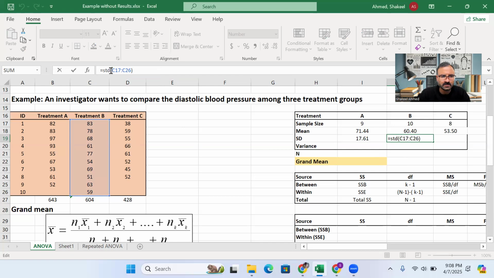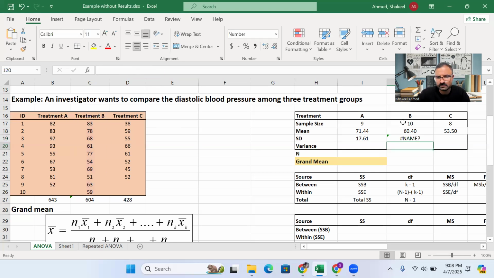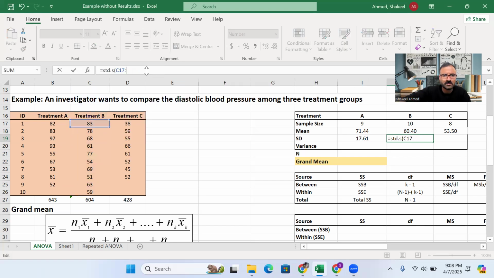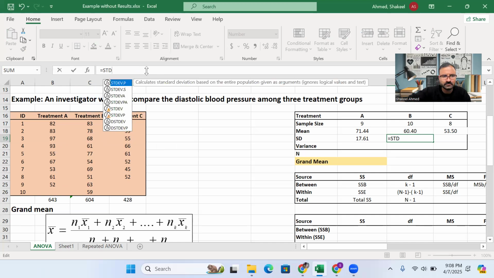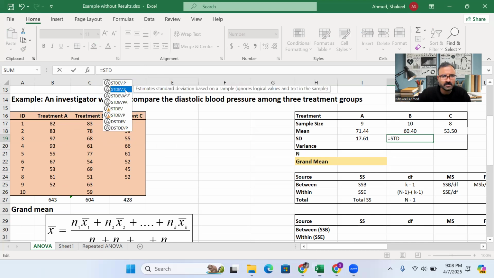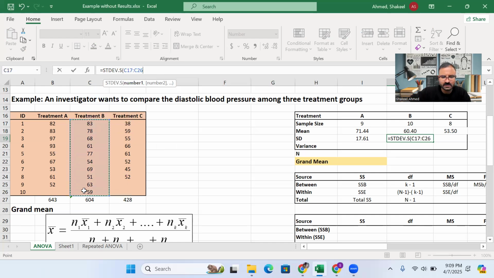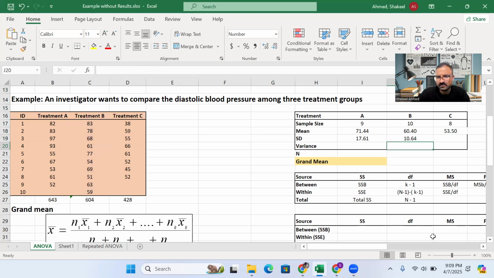Standard deviation, that is C17 to C26. It should be STDEV.S, standard deviation, not only STD, and then select the column.